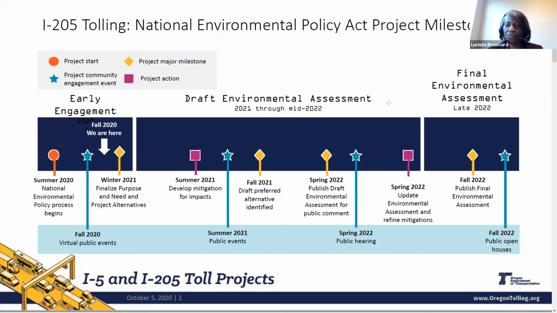Here's a timeline of where we are and what it looks like for I-205 as we go into the National Environmental Policy Act. I want to start at that orange lollipop, and that's what we'll call it tonight, is where we got started, and then we asked for comments, and that comment period is pretty much gone. It's still going.